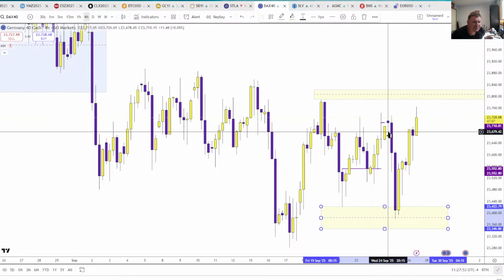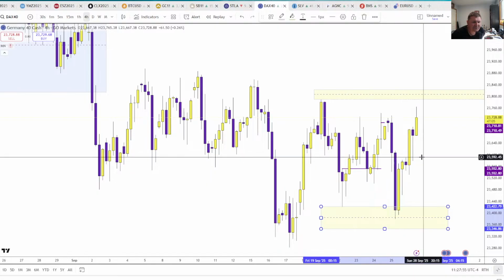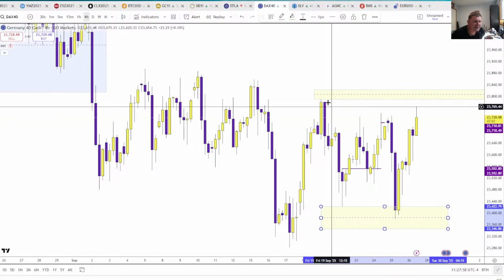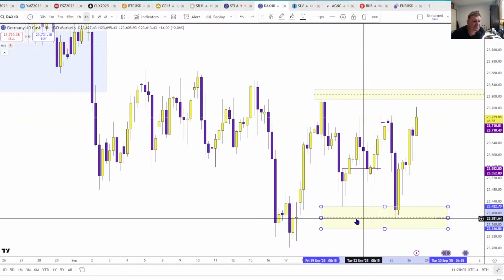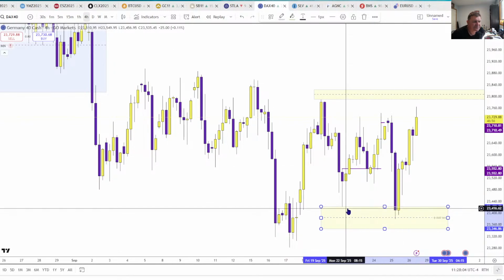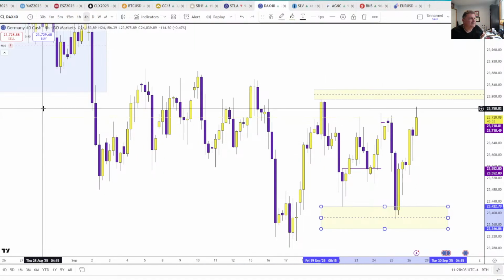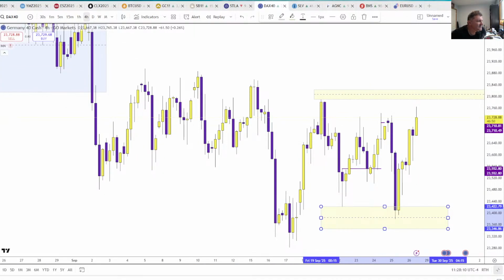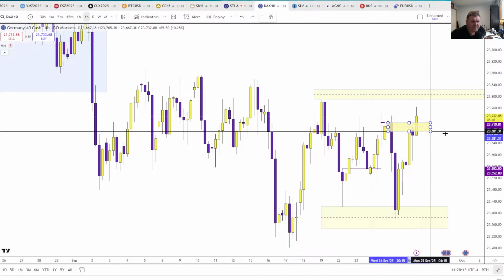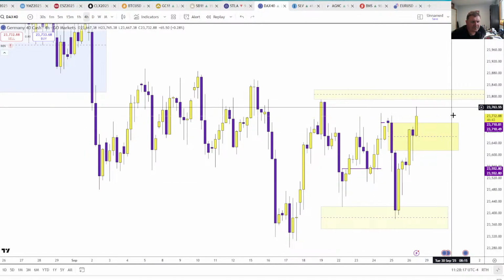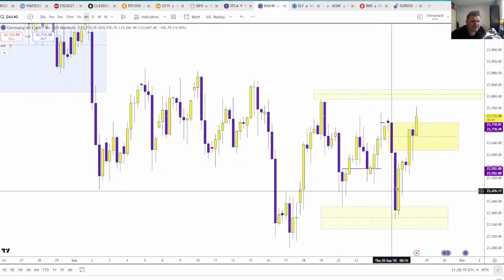So you want to see a body trade above that, come back inside, push higher, take the high, looking for this level here to give way and run for these highs again now. Kind of a lot of chop in here. That's got to hold.